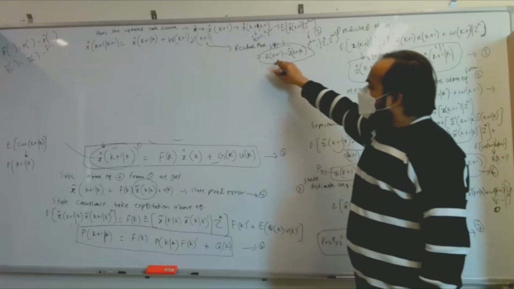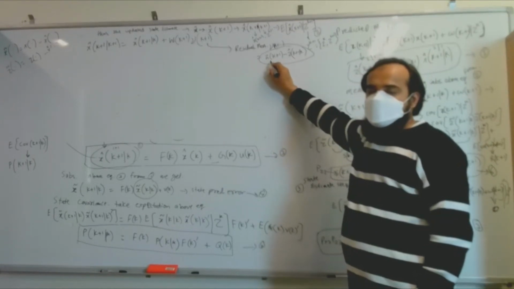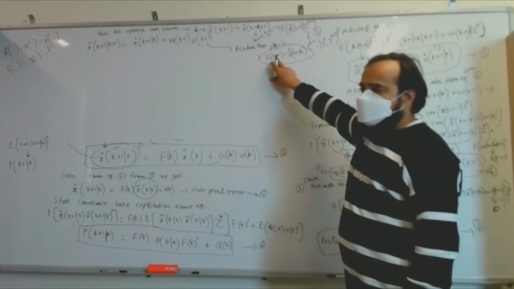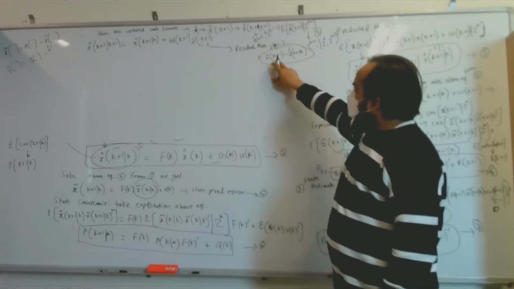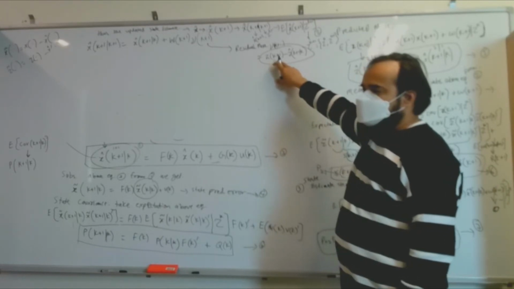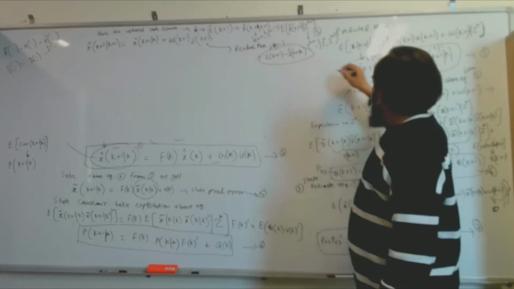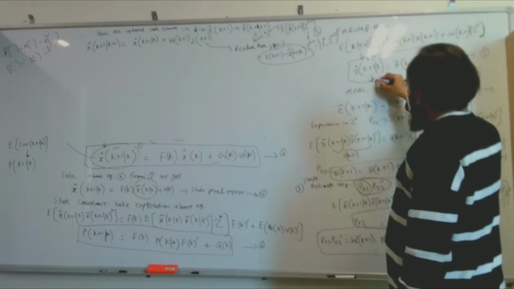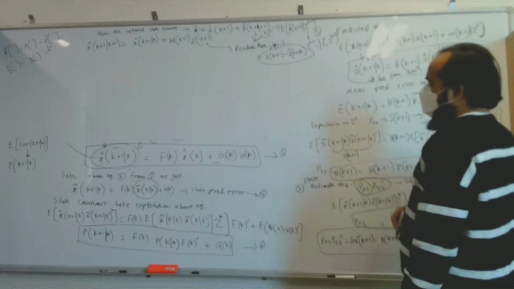This is the sensor measurement, the real data the sensor sends to you. Now we have to check the residue, the difference, how far this prediction is from z(k+1). Okay.